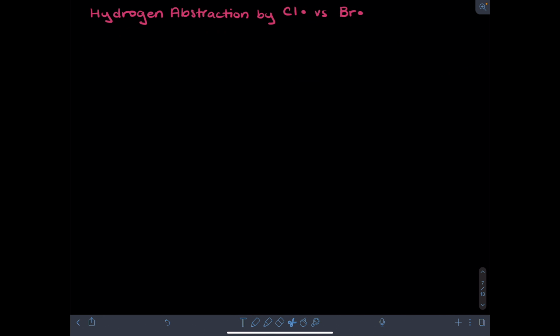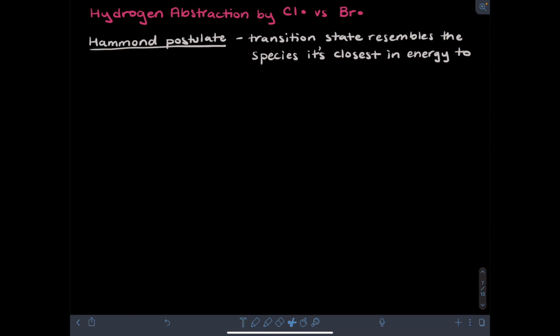So let's consider the hydrogen abstraction step using a chlorine radical or a bromine radical, and let's consider these side by side. And one thing I want to remind you about is the Hammond postulate. This states that the transition state resembles the species that it's closest in energy to. And this species could be the starting material, an intermediate, or the products.